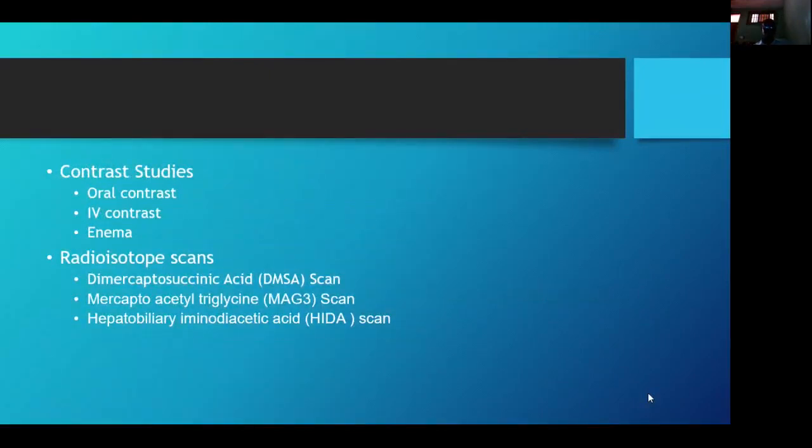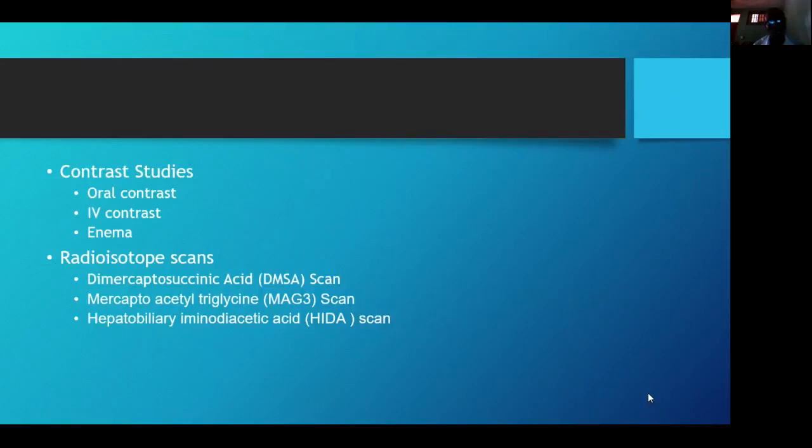Another thing to consider includes the contrast studies, for children that require contrast, especially something like barium meal that would require oral contrast. The general trend is, rather than using barium, one would prefer to use water-soluble contrast, which, if aspirated, causes minimal damage compared to what barium will cause.